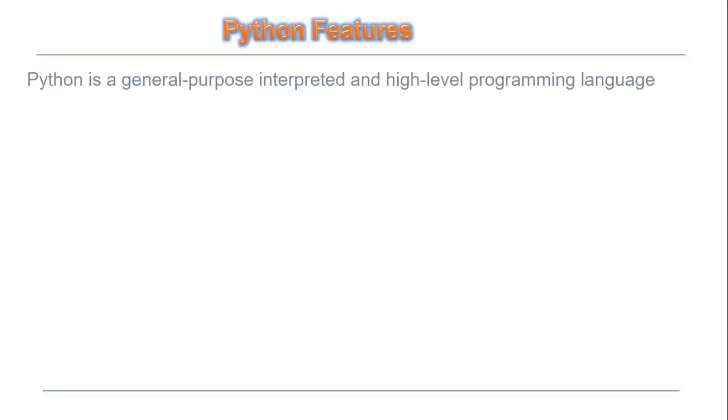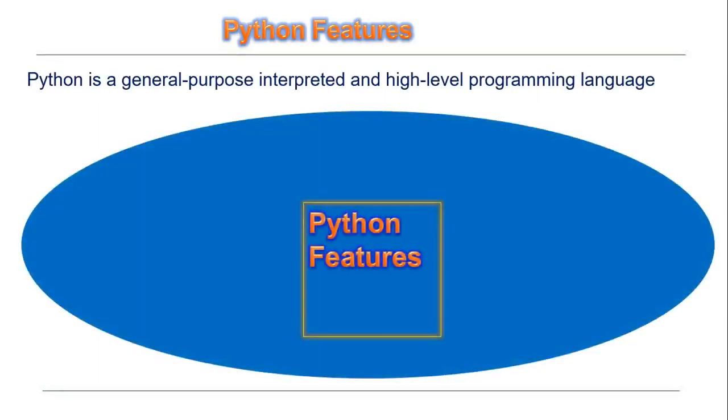Right, so when it comes to the features of Python, as I already explained, Python is an interpreted, high level language. It automatically collects the garbage when the object is no longer used in the program, so that the object will be removed from the memory, because it is no longer used in the application.